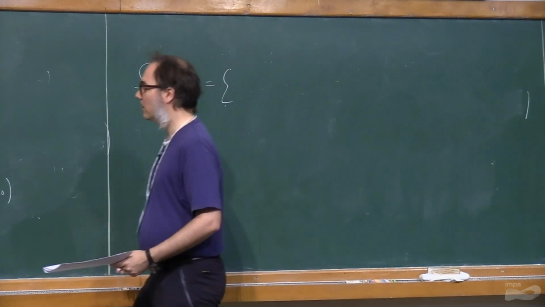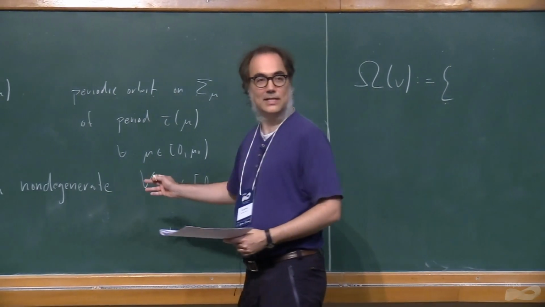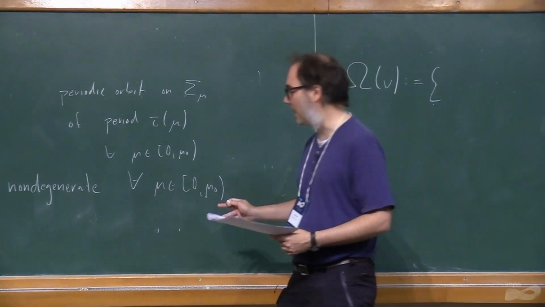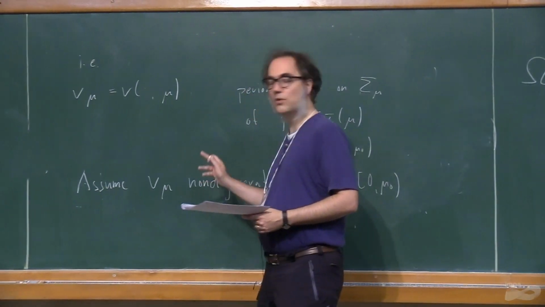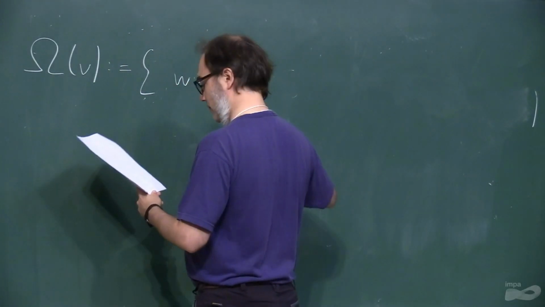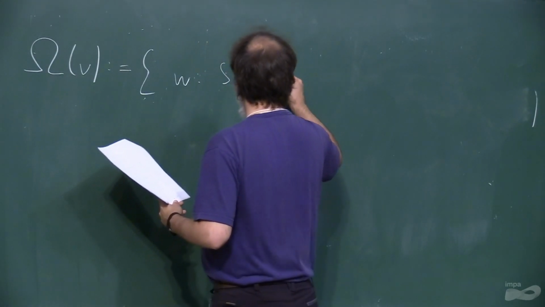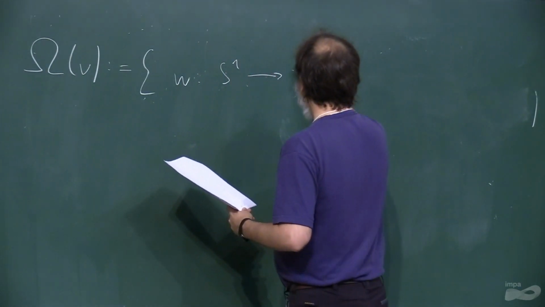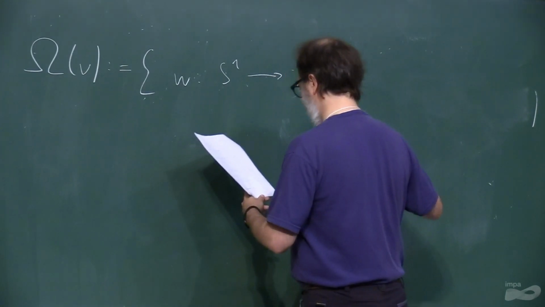These are all limits we can obtain when mu goes to mu 0. These are w from S1 to Sigma mu 0.